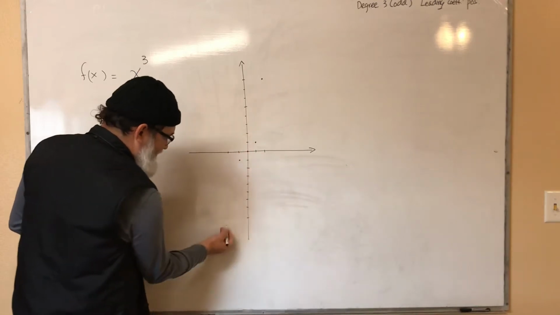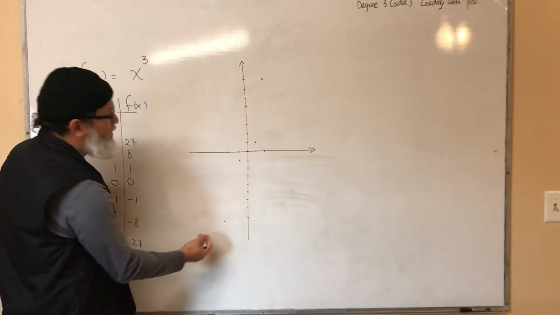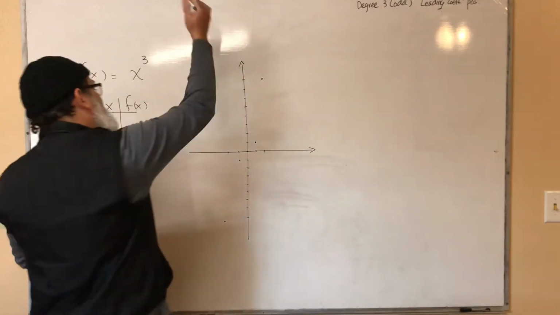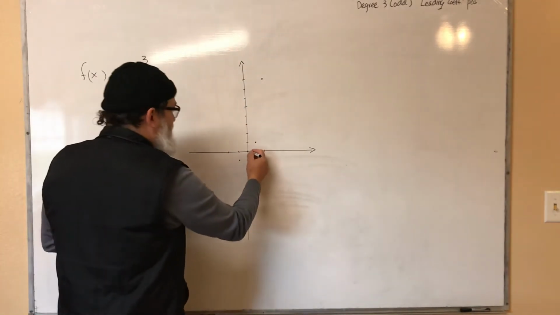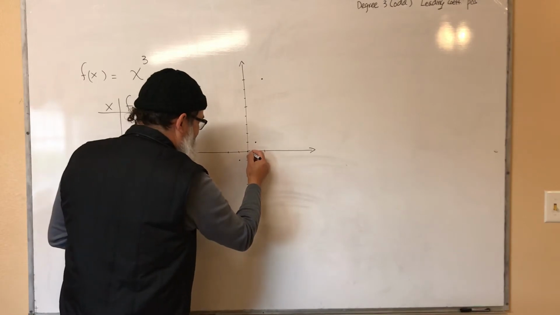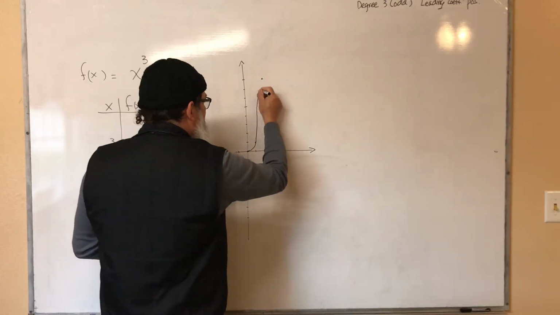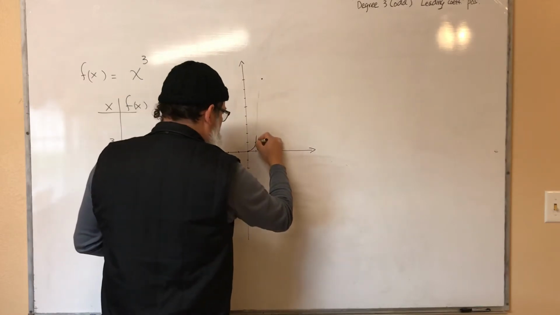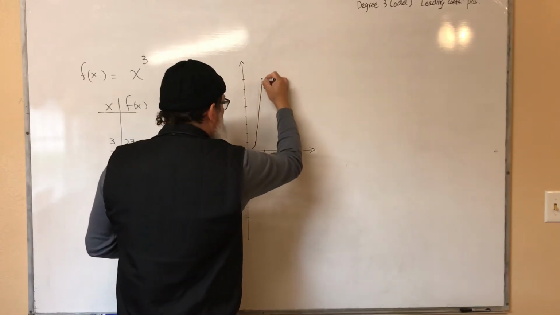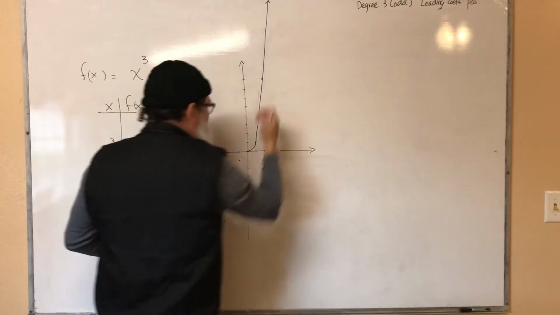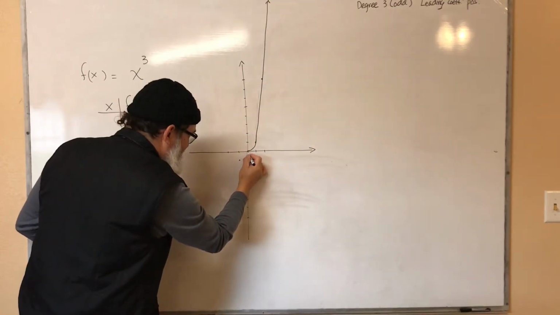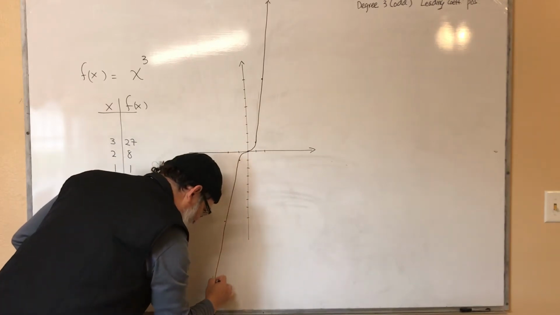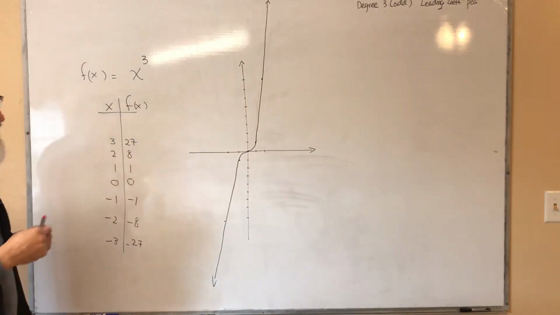Negative 2, negative 8. And then we have 3, 27 way up there. Okay, so I don't have enough room. So we have this. Whoa. Try this again. And this way. That's the behavior. Look at that.